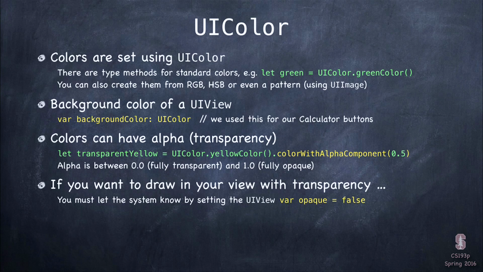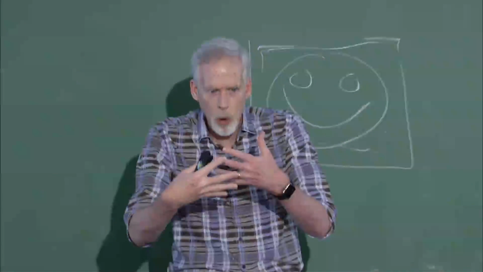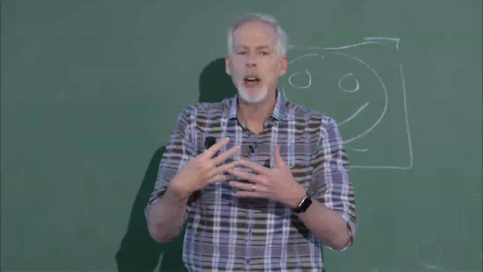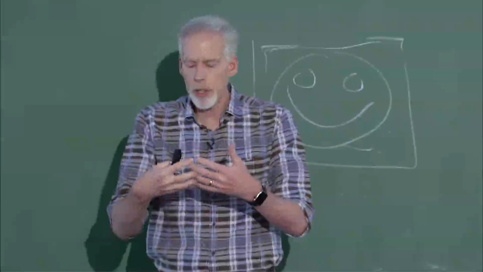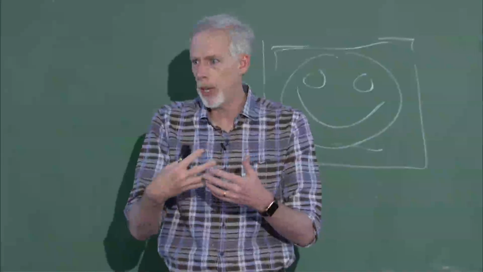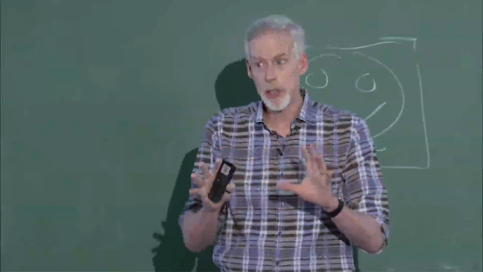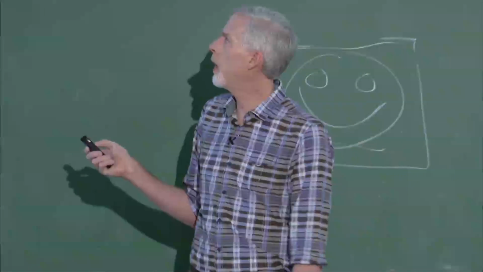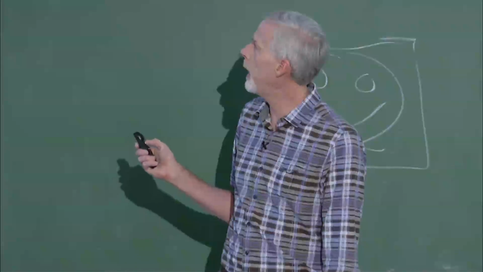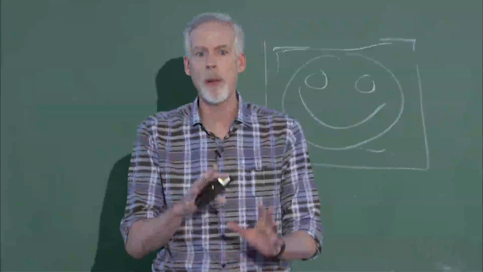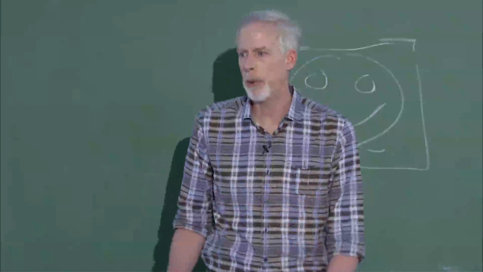Think about the work that the system has to do to figure out what's showing through from behind. That kind of compositing, it's called, takes processor power and memory. So it's going to assume that everything is opaque, so it doesn't have to do that. But if you are drawing with transparency, that's fine. Just set this opaque to false to let the system know, no, I'm not opaque. I'm going to draw with transparency.